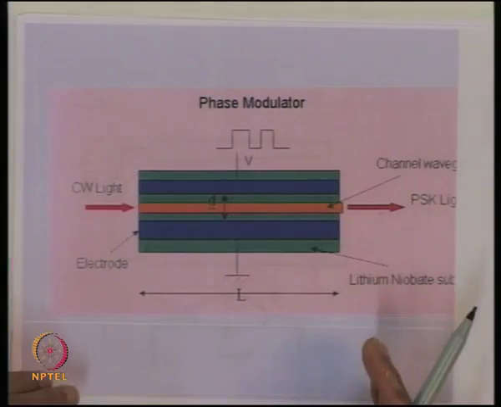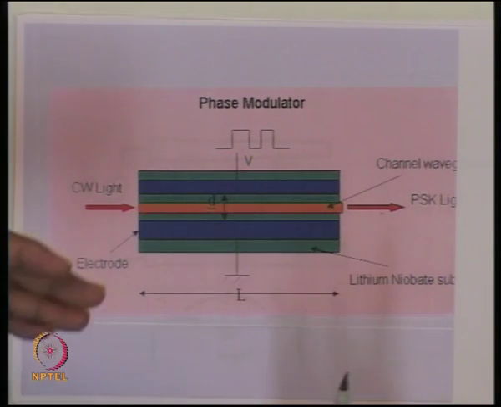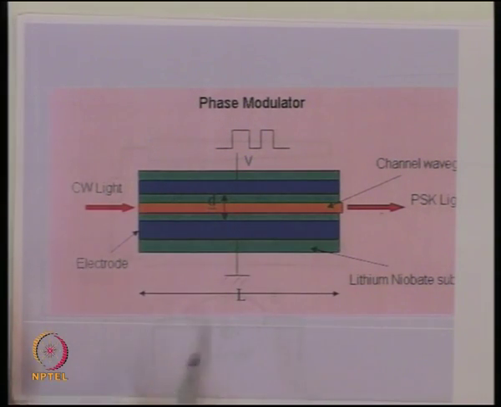So though in principle we have a device which generates phase shift keying, we can convert it into the corresponding amplitude shift keying device, or a device which can give you intensity modulation for the light. And that device is what is called the Mach-Zehnder Interferometer.